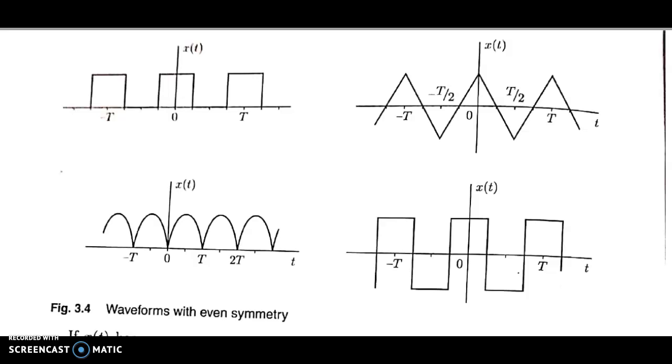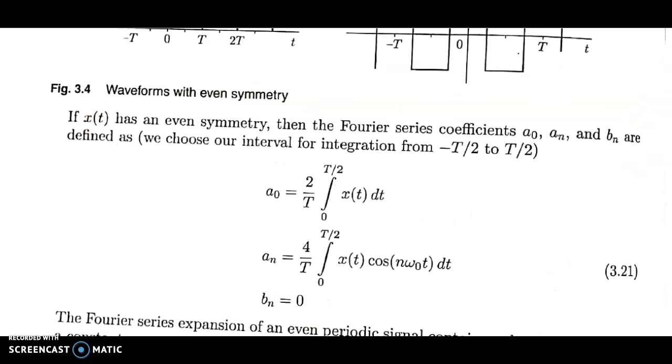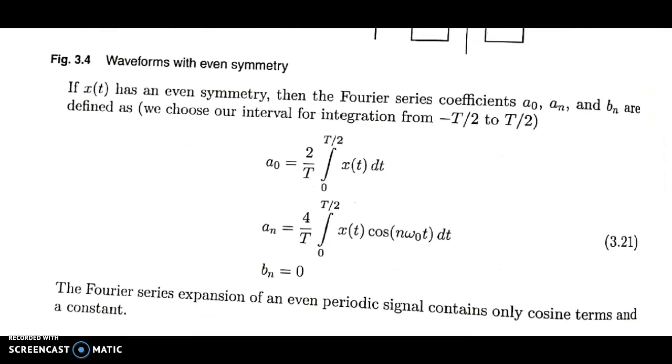You can directly write, because of this symmetry property, that since the signal is even, so and so coefficients are zeros. These are certain examples of even signals. If you consider this, we can see that here x of t is the same as x of minus t for all these four signals.